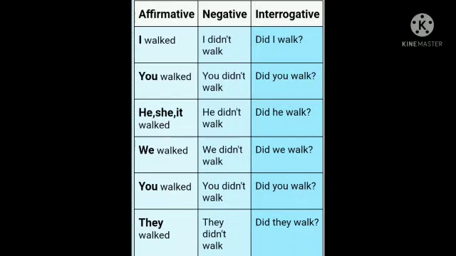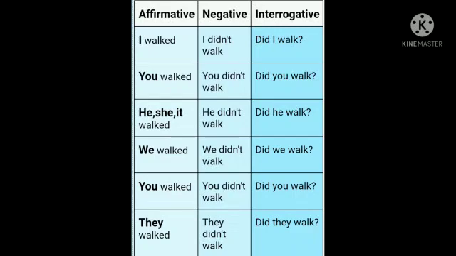Here you worked, that is the affirmative sentence, and the negative will be you didn't work, and the interrogative is did you work. In the third one, he, she, it worked, and the negative will be he didn't work, and the interrogative will be did he work, that is, did he, did she, did it.